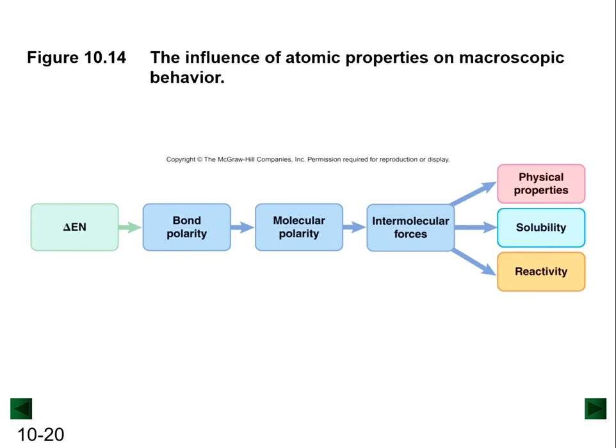That tells us something about the bond polarity. We looked at bond polarity earlier when we were in Chapter 9 looking at covalent bonds. Now, if there are multiple bonds within the system, we have to add up all those dipoles. You can do this computationally, but you can also do it simplistically, and we'll look at simple systems where we can add them just in your mind, and we can come up with an overall molecular polarity.